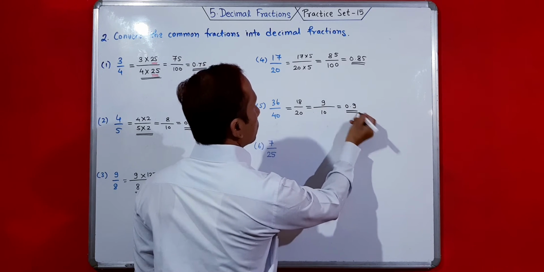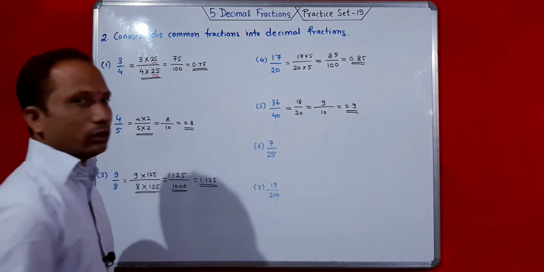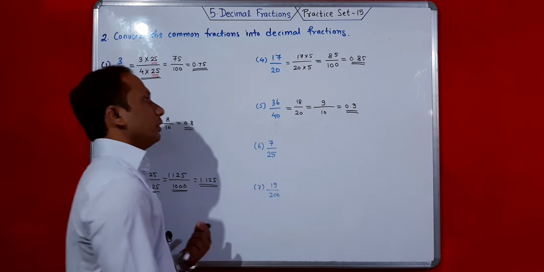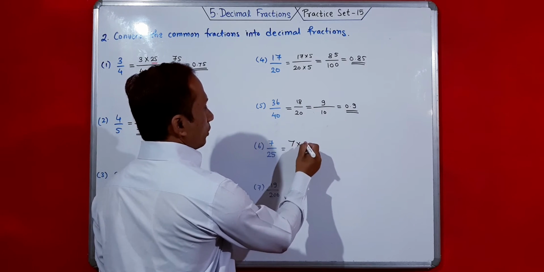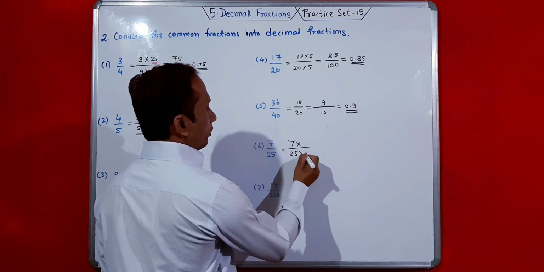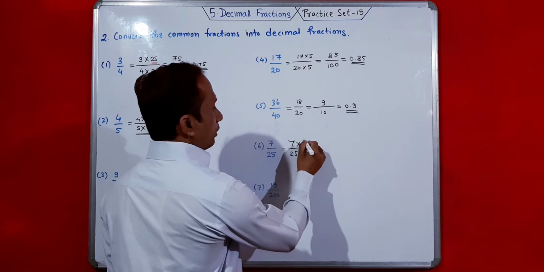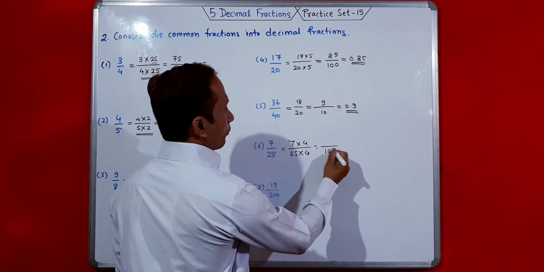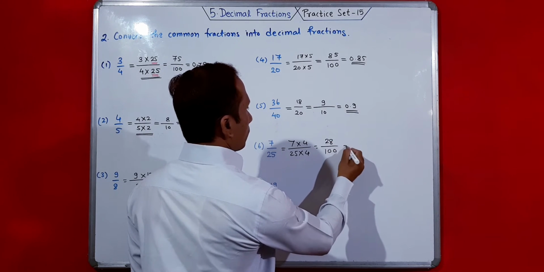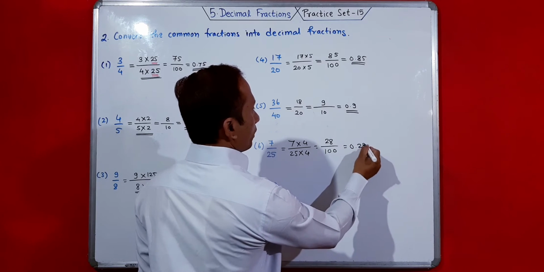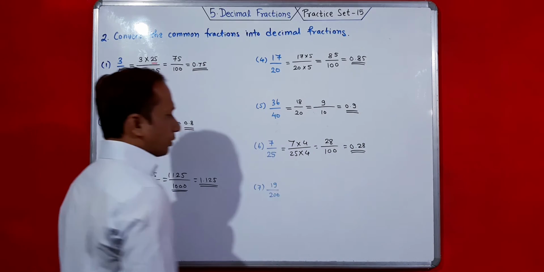So no need to multiply this fraction, you can just go on converting this into smaller fractions. 7 into 4 and 25 into 4, I will get 100, and 28. So 0.28, this is your decimal fraction.